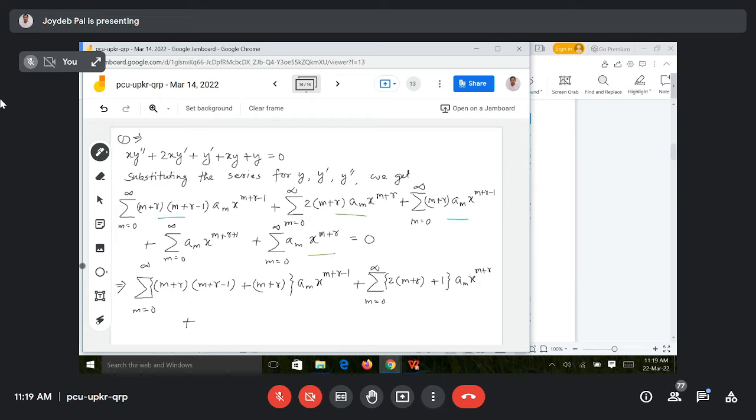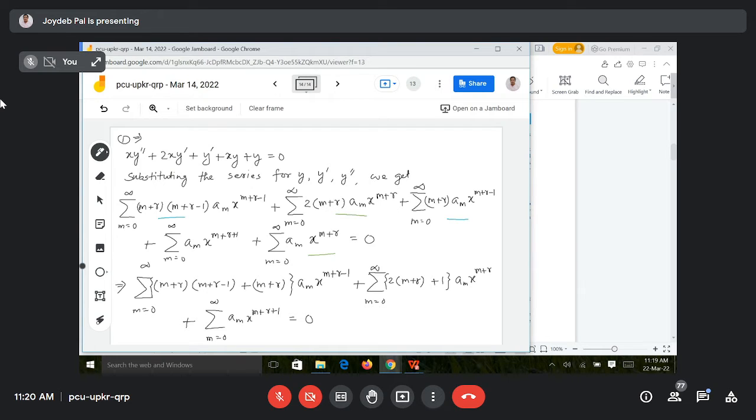And one more series left. It is the sum from m equals 0 to infinity of a_m x to the power m plus r plus 1 is equal to 0. Now I have three series.